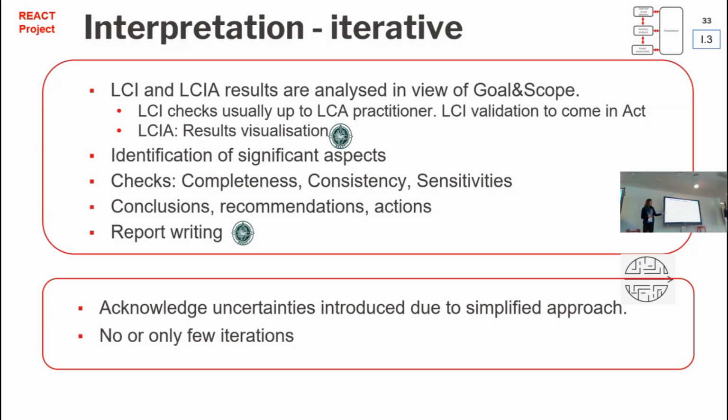In simplified LCA, of course, you have to acknowledge all the uncertainties which are introduced by the simplified approach, and maybe you just do one or no big iterations. So you don't go back and improve the quality of your data much more anymore.